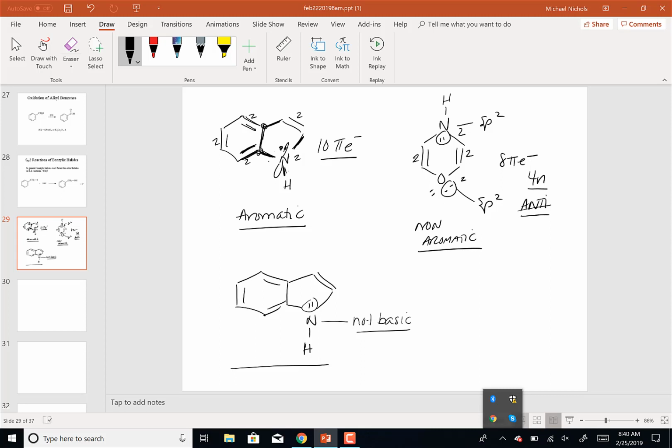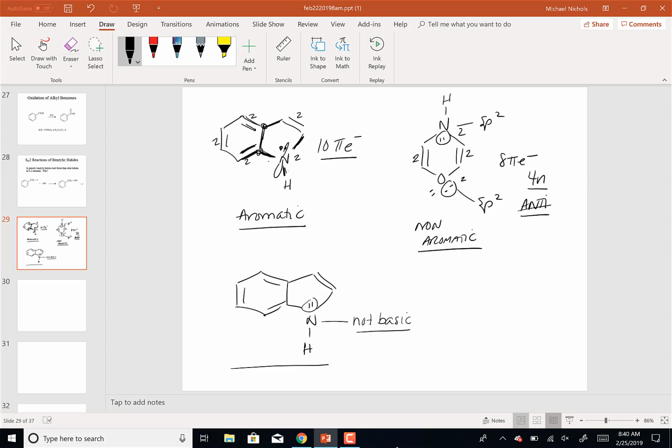If that lone pair is tied up in the ring system, it will not be basic. So sometimes you'll hear people ask that question, is that truly a base or not? Everybody kind of okay with that too?